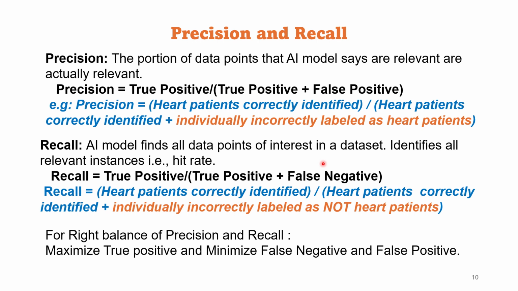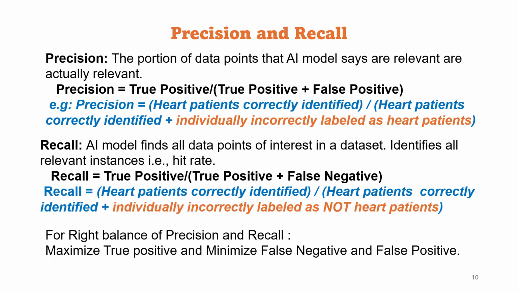As precision increases, recall decreases, and vice versa. To achieve the right balance of precision and recall, machine learning algorithms should try to maximize the number of true positives while minimizing the number of false negatives and false positives.